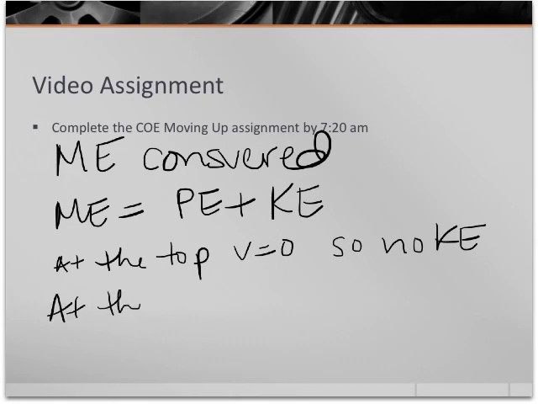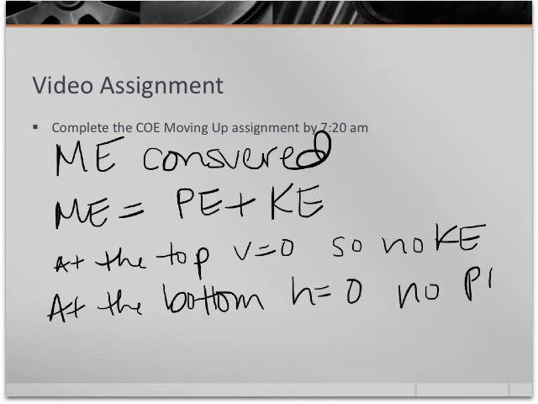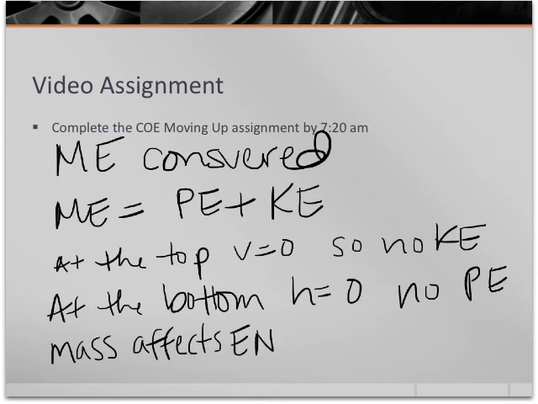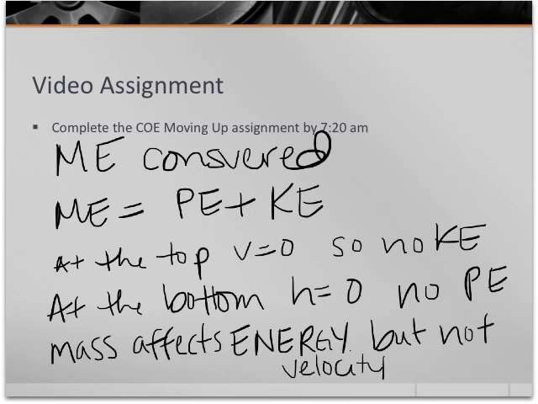Then at the bottom, your height equals 0, so there's no PE. And then I'd say the only other main all-encompassing thing is the fact that mass affects energy, but not your velocity or your height.